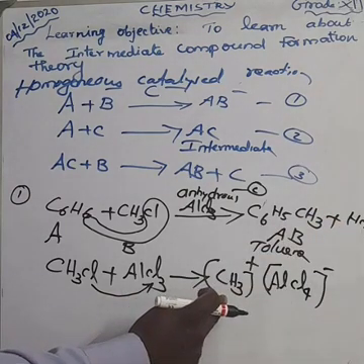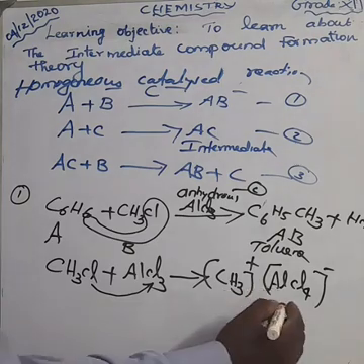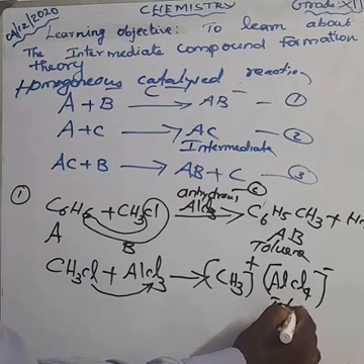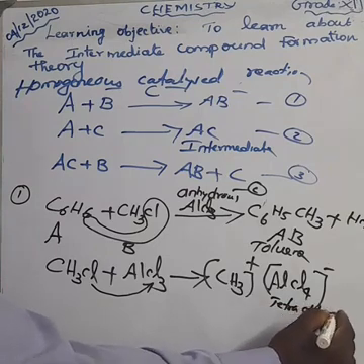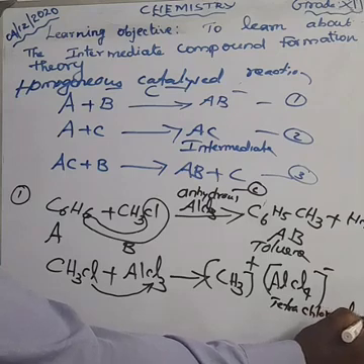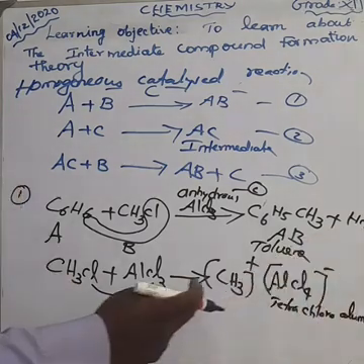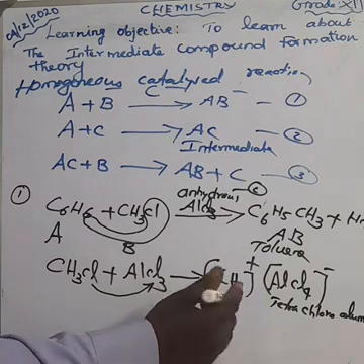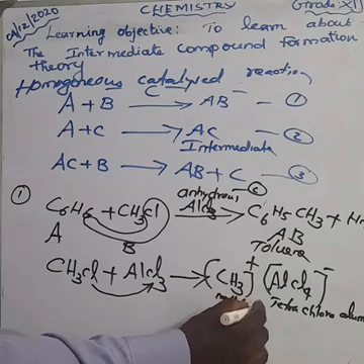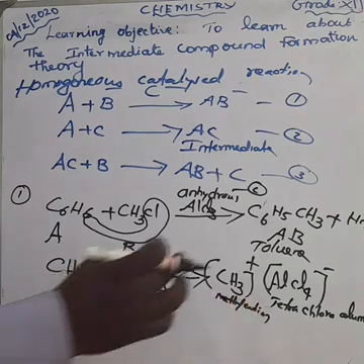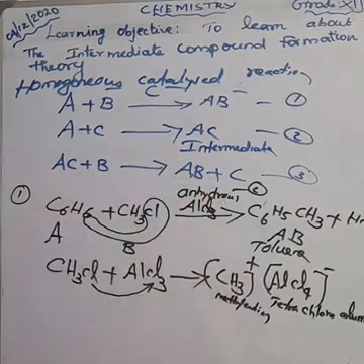This is the methyl cation, and this is the tetrachloroaluminate ion. Anyhow, this is an intermediate product, AC.